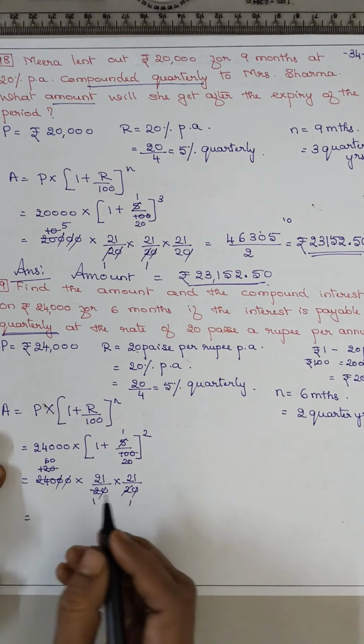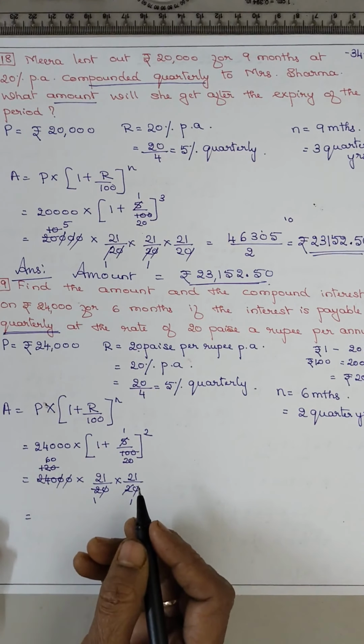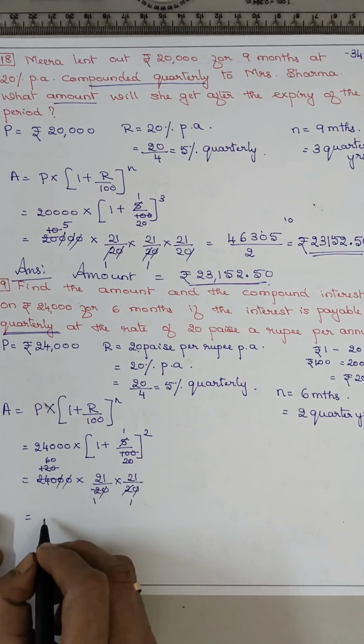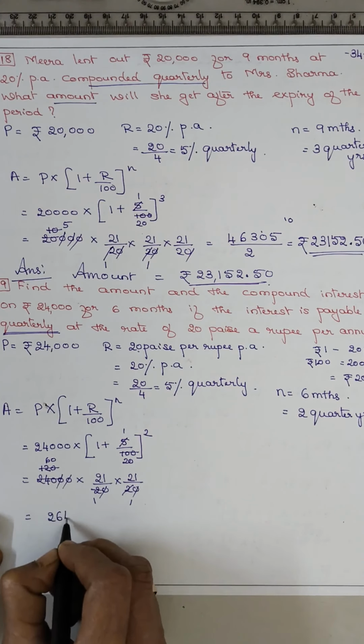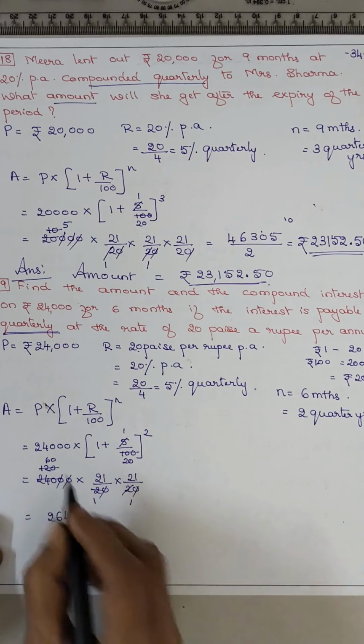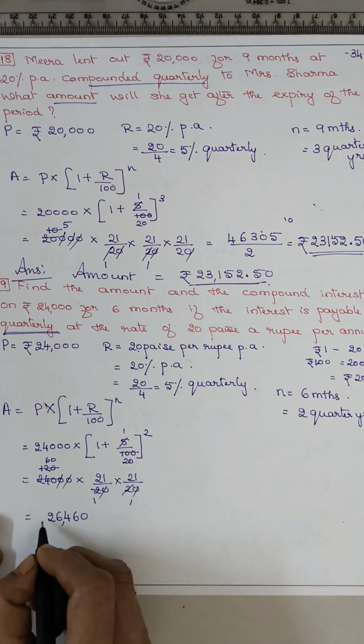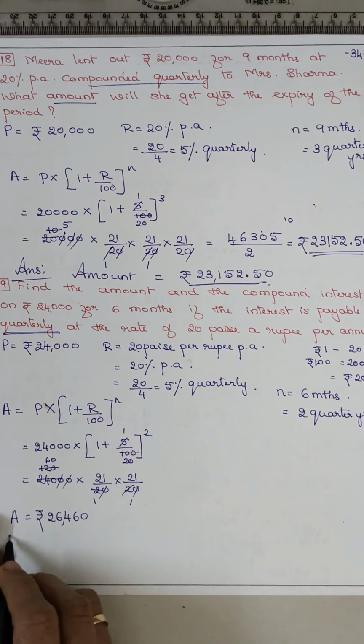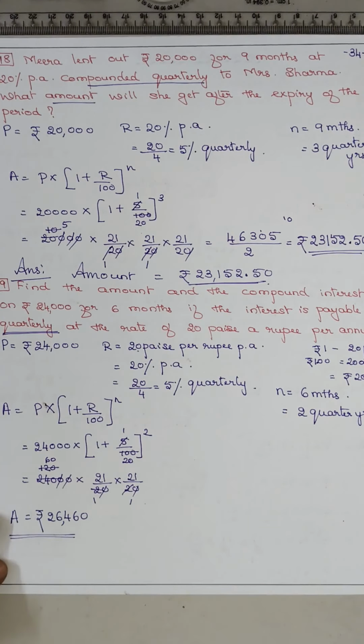So 21 into 21 into 6. It is 2646 and 0. That means it is 26,460.